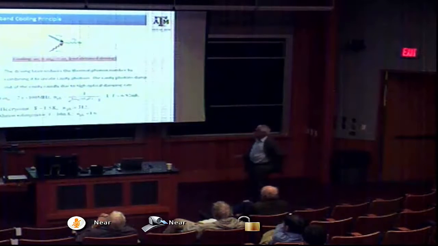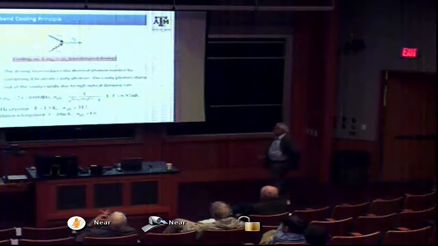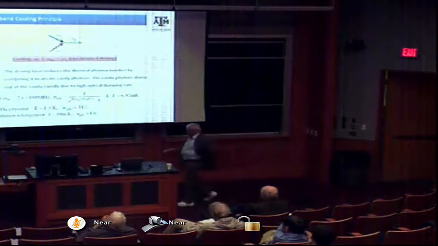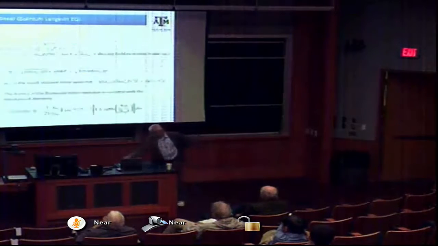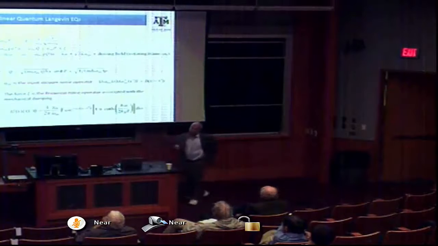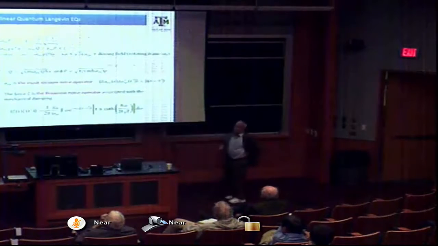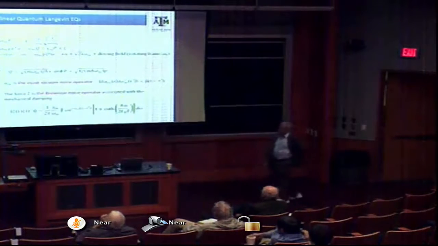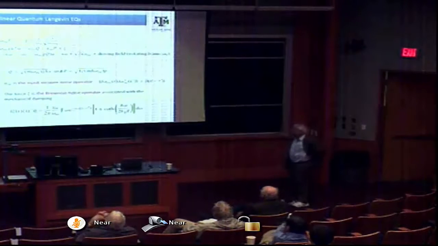Just to give an example, if the mechanical frequency is like 100 megahertz, and you are at a temperature like 1.5 K, then the mean number of phonons would be like 300. So clearly, if you want to do any quantum optical effects, you have to get rid of these thermal phonons.